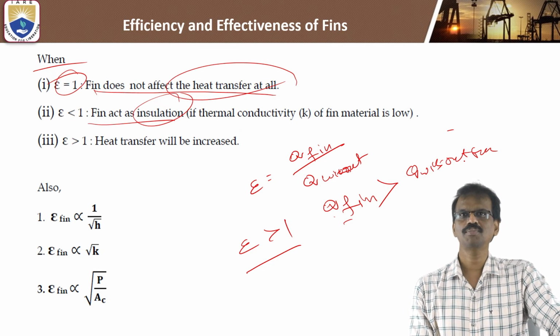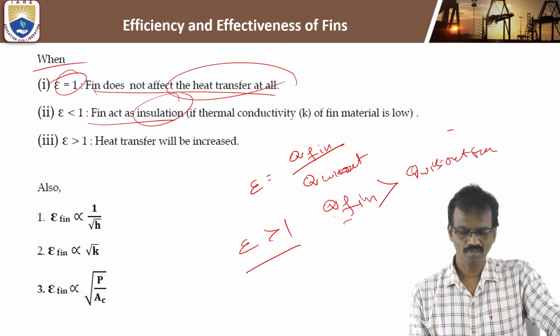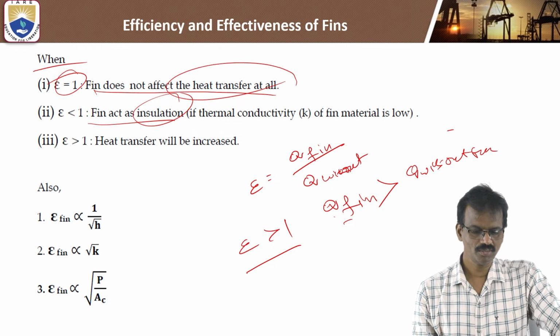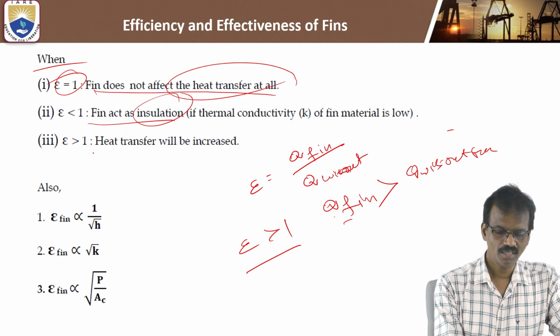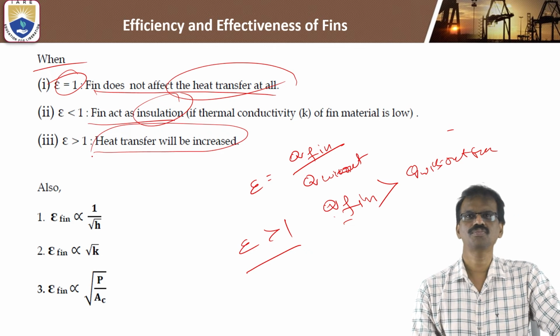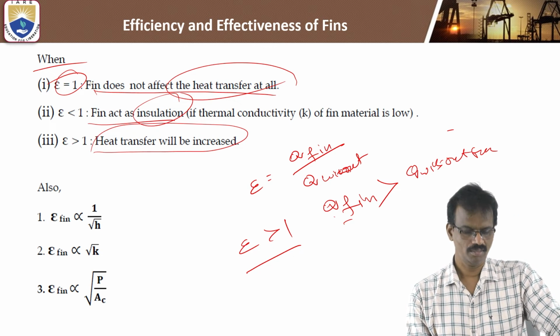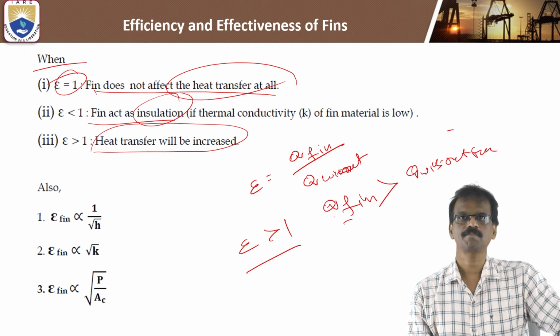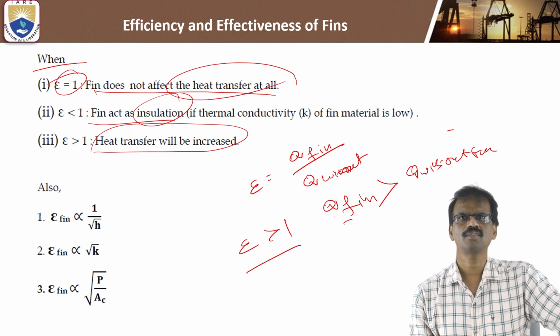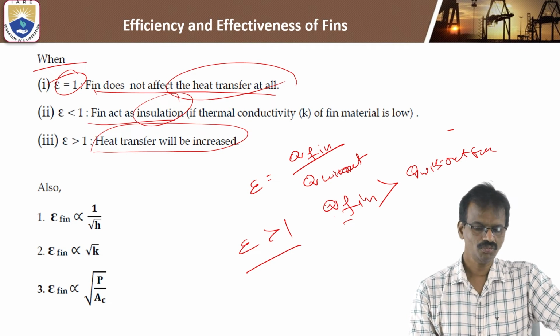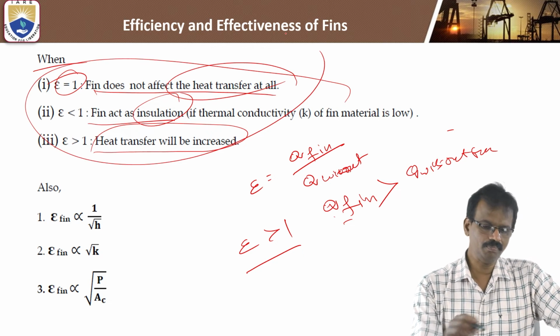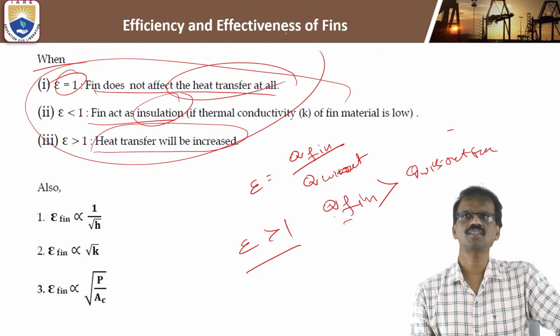It means the fin acts properly. The heat transfer will be increased, so the fin is effectively working. These are the three conditions to explain the concept of effectiveness of the fin.